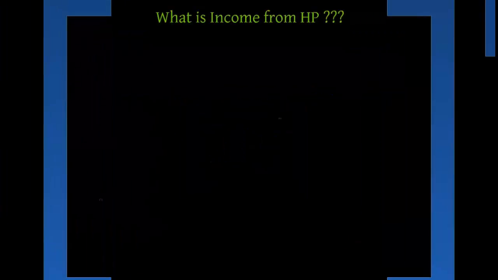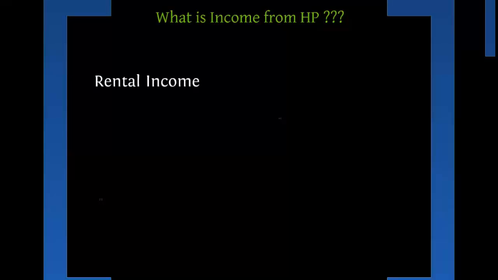Okay, now having defined what is a house, let's understand what is income from house property. And while doing this, we will also understand who can get income from house property. Obviously, the owner of the house property can get income from house property. So, what is income from house property? The rental income is considered as income from house property.